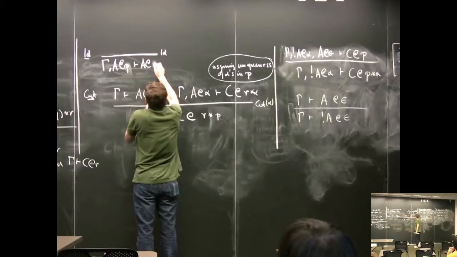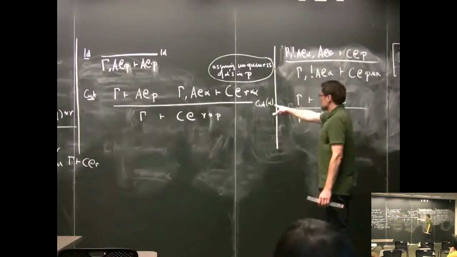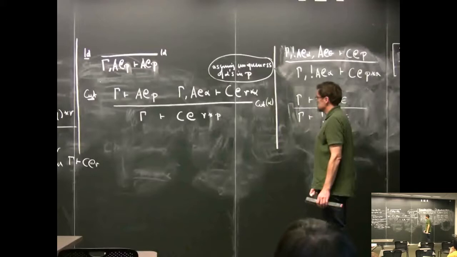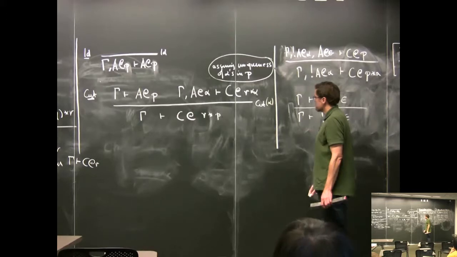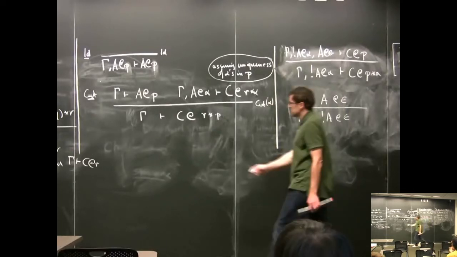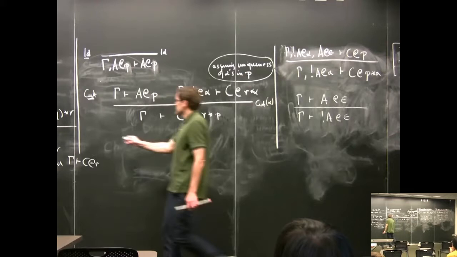Okay, what would we do with the cut rule change? Alpha is no longer... Okay, we'd have a cut-bang rule. What does it look like?